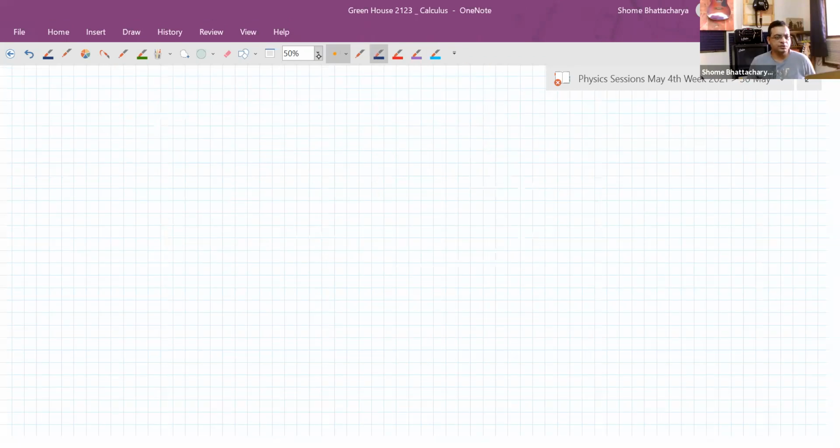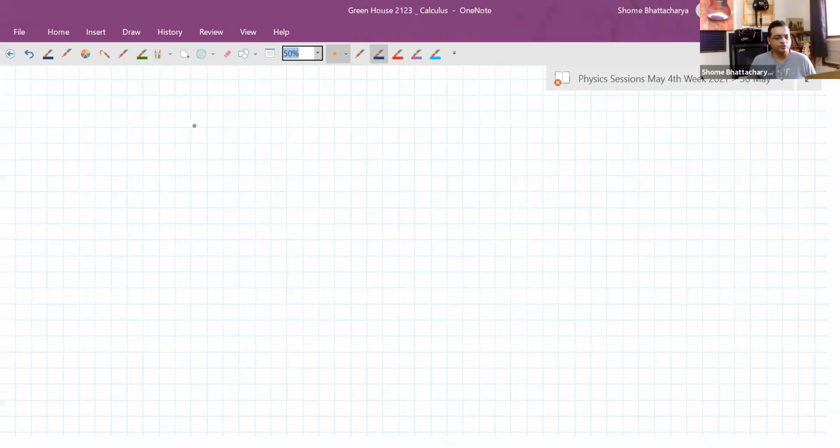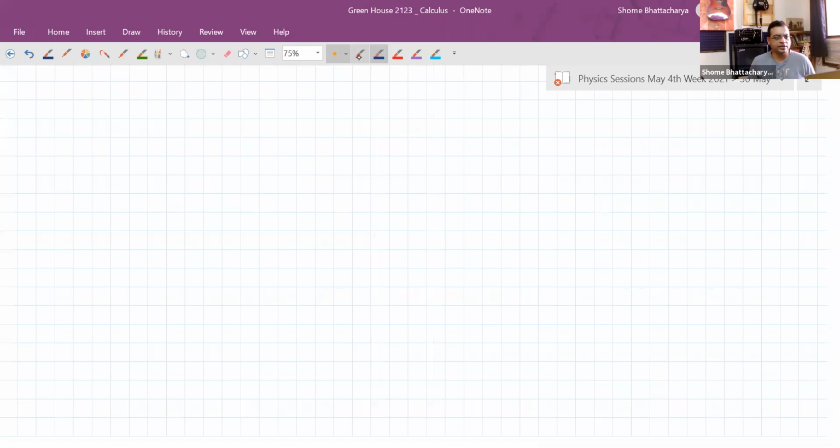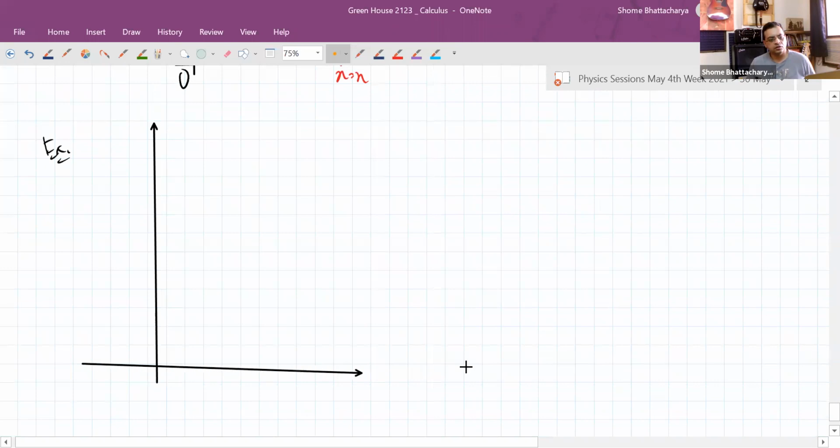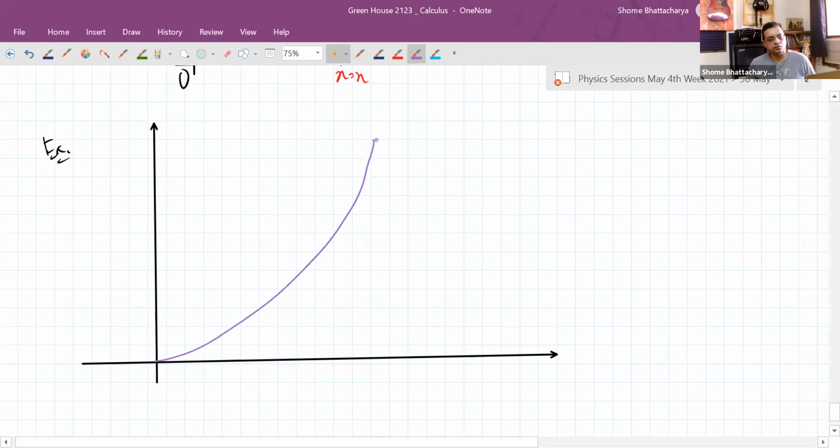So last time you'll remember we had discussed a little bit about the graph of x square, the function y equal to x square. So let's go back to that graph and let's see how the slope of tangent looks at various different points. So I have the graph of the function y is equal to x square.